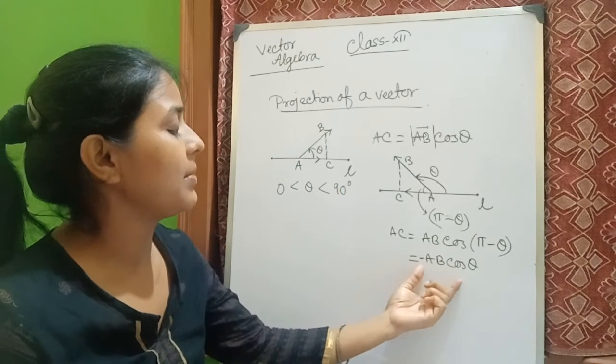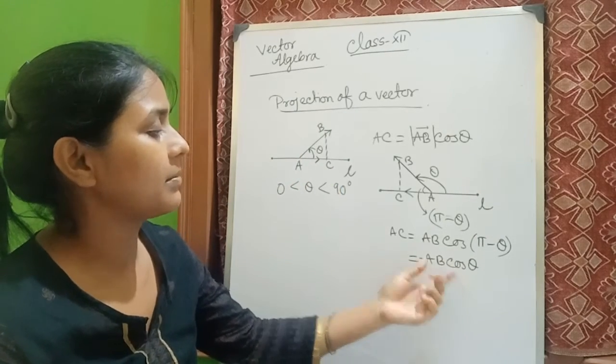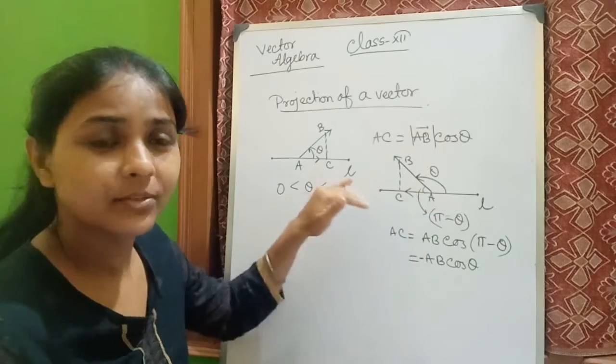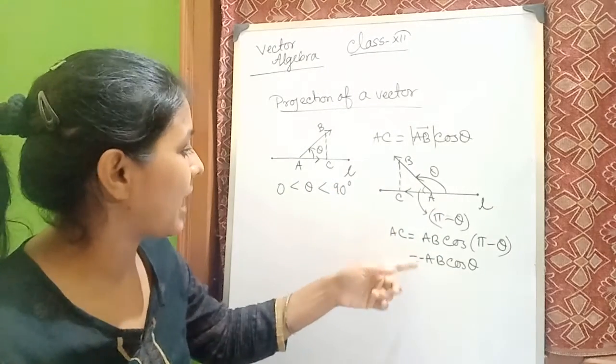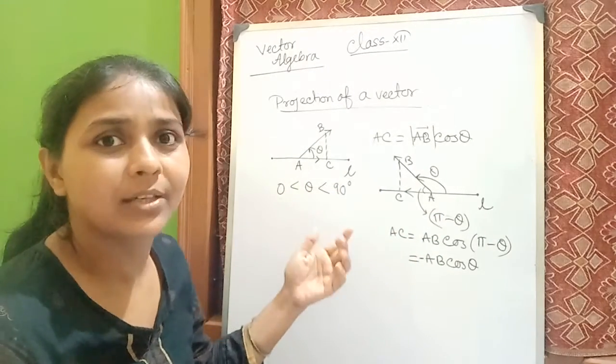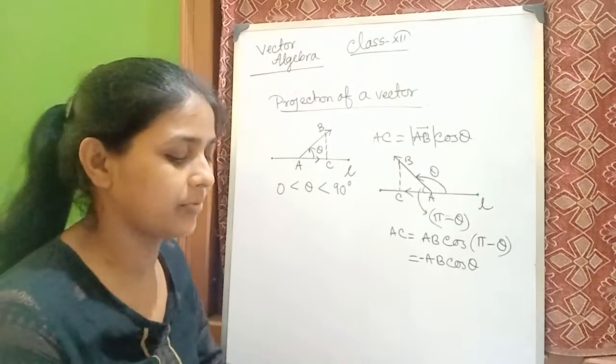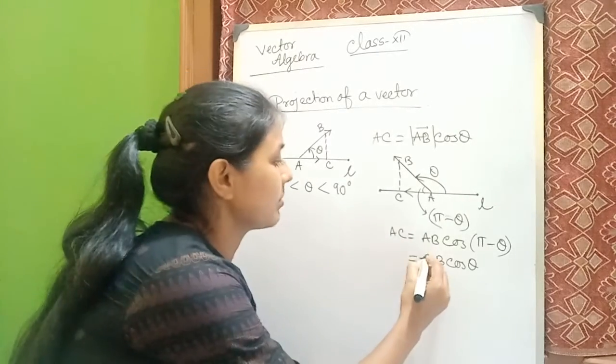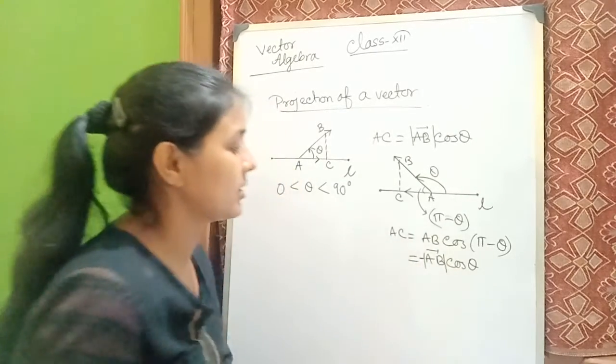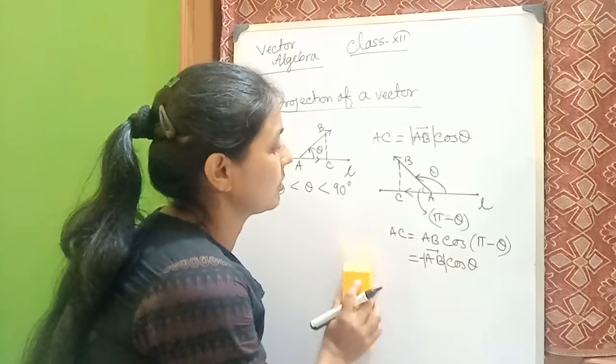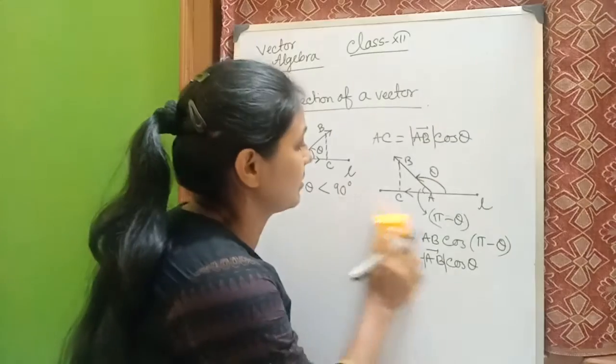Now minus AB cos theta means this side. So the plus and minus sign will give you the direction of it. So I'm just giving it the modulus.